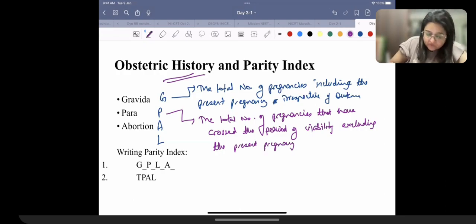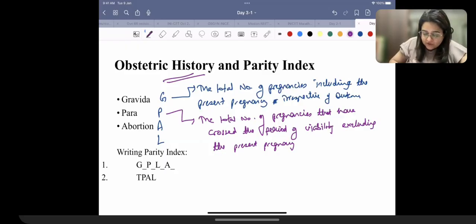So you're not going to include this pregnancy, but all previous pregnancies that have crossed 28 weeks of pregnancy, irrespective of the outcome. It could have been a live baby, a dead baby, but if it has crossed 28 weeks, it becomes para.